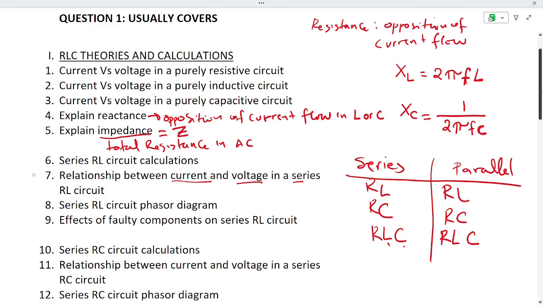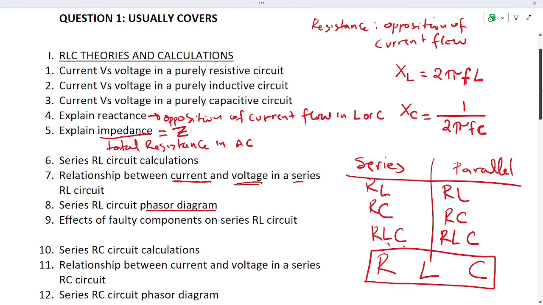This helps you easily draw the phasor diagram, because remember, we've done the phasor diagram for a resistor itself, for an inductor itself, for a capacitor itself. Don't forget the basis of what we have done, because from that basis we should be able to define the phasor diagram of each circuit with a combination of RL, RC, RLC, series or parallel, based on the relationship between current and voltage.